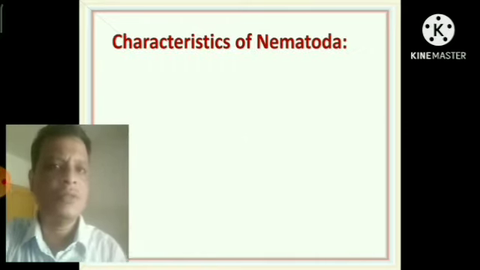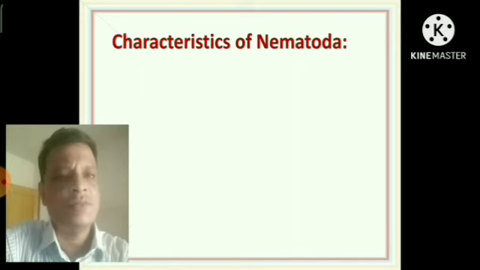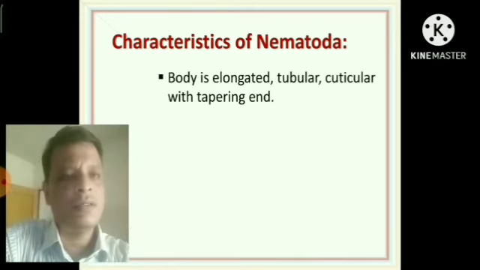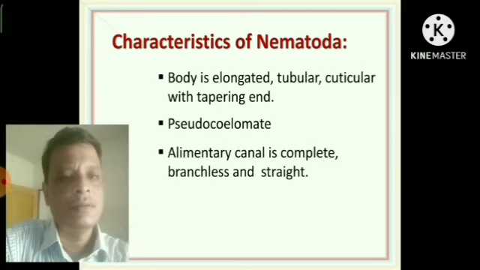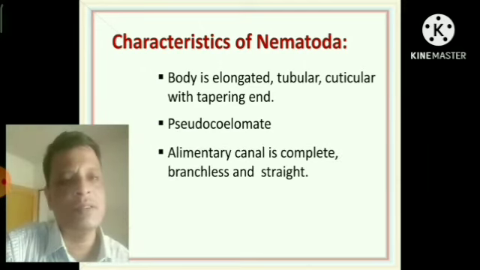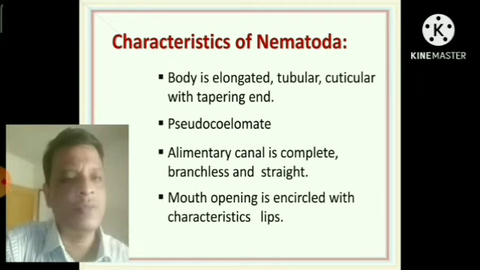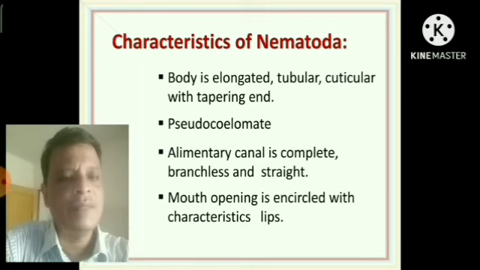Now, let's discuss some important characteristic features of the phylum Nematoda. The body is elongated, tubular, cuticular with tapering ends. They are pseudocoelomate animals. The alimentary canal is complete, unbranched and straight. And the mouth opening is encircled with characteristic lips.